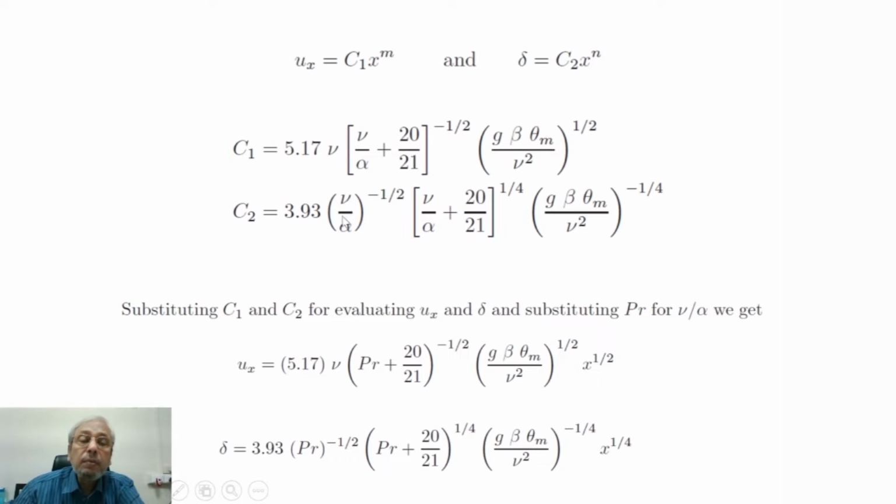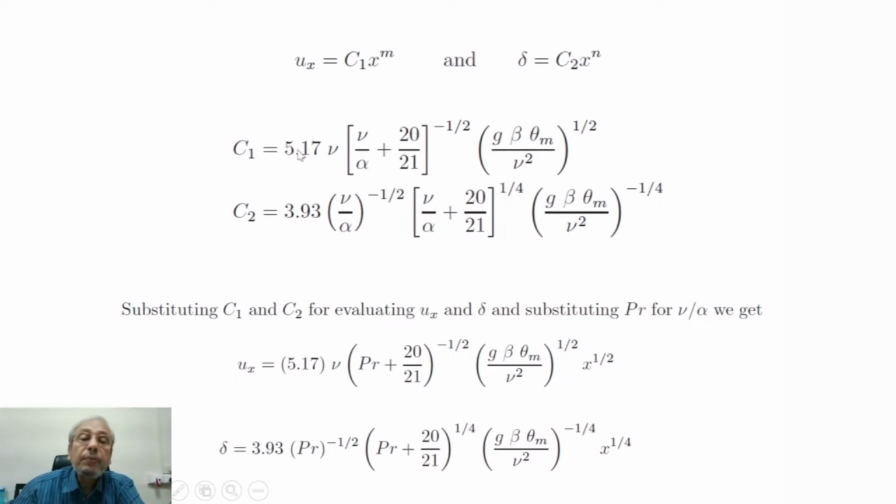3.93 nu by alpha to the power minus half, then again nu by alpha plus 20 by 21, just like this parameter here, to the power 1 by 4, and g beta theta m by nu square to the power minus 1 by 4.